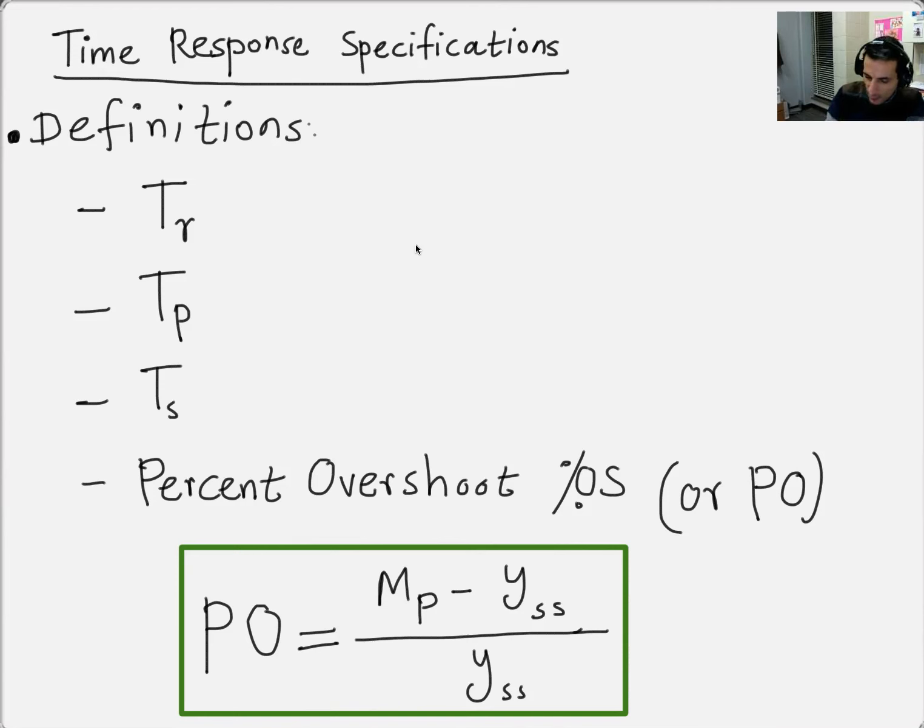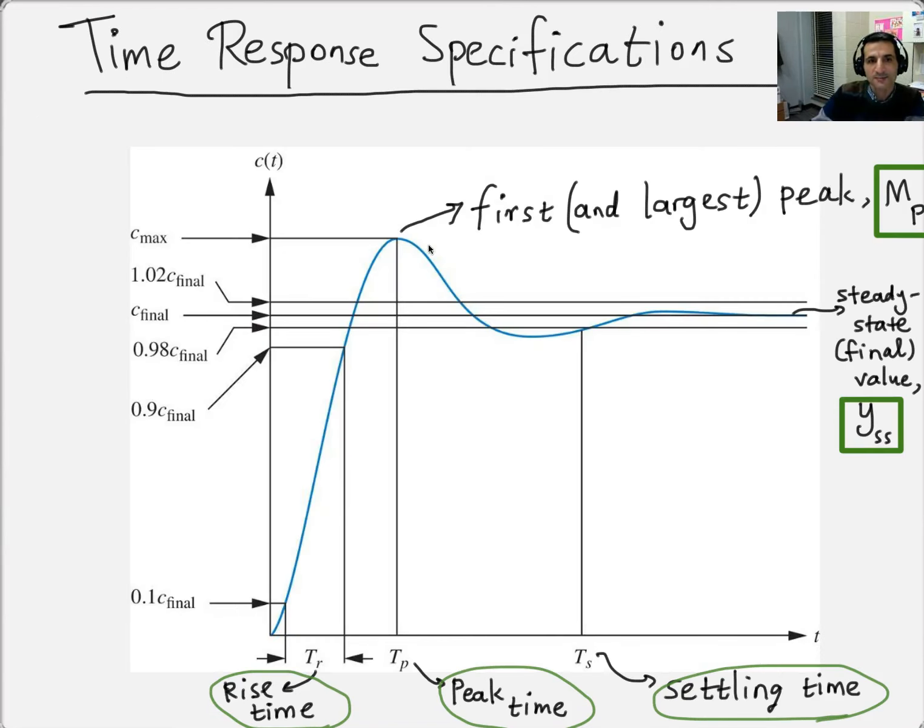If the response is supposed to eventually settle at the final value YSS, but it shows a peak or an overshoot and goes as high as MP, then this percentage of change beyond the steady state value, compared to the steady state value, is called the percentage of overshoot.